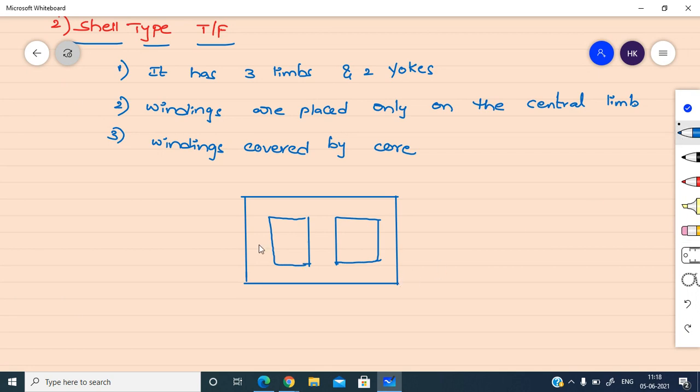If you see this picture, it consists of three limbs. That means three vertical portions are there. This is one vertical portion, and this is second vertical portion, and this is third vertical portion. So it consists of three limbs. Vertical portion is nothing but the limb. Now horizontal portion. This is one horizontal portion and this is one horizontal portion, top and bottom. So only two yokes are there. So number of limbs are 3 and number of yokes are 2.